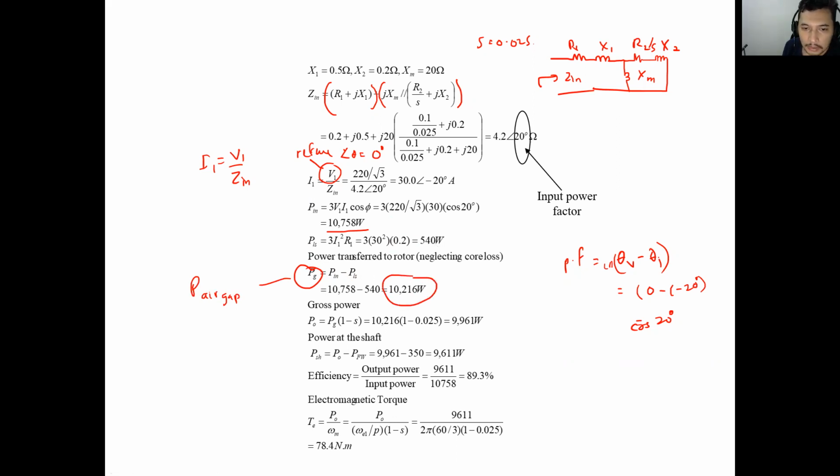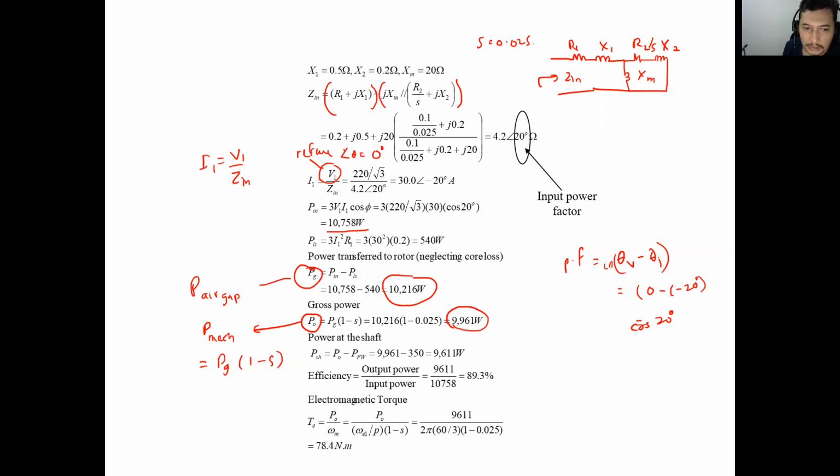Okay, so the gross power, meaning the mechanical power, you can get using P gap times (1 minus S). Then you will obtain the value 9.9 kilowatt.